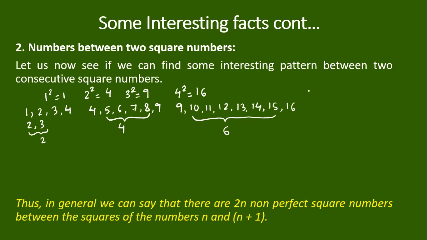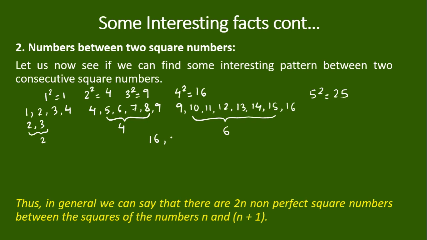Now the next square number is 5 square, that is equal to 25. Now let's see the number of non-square numbers between 16 and 25.